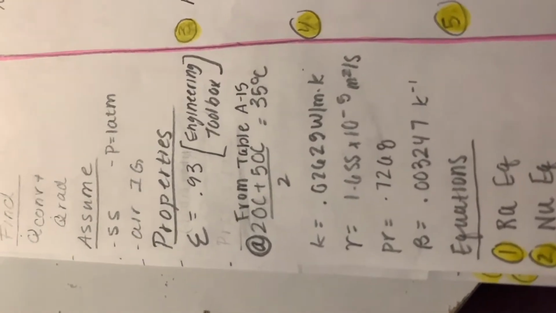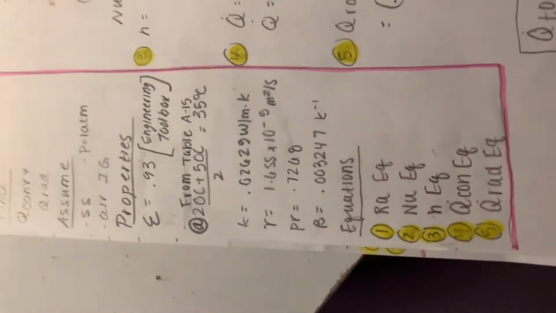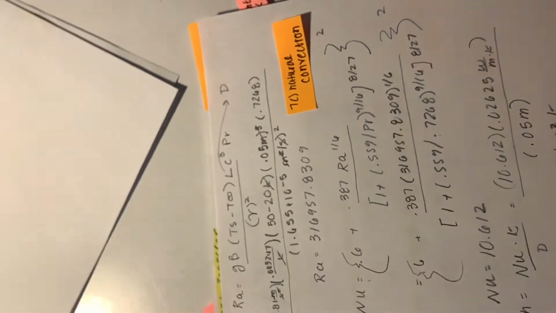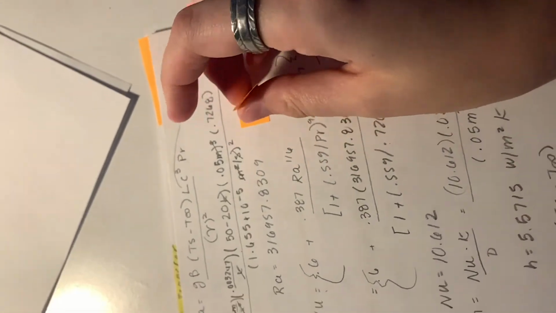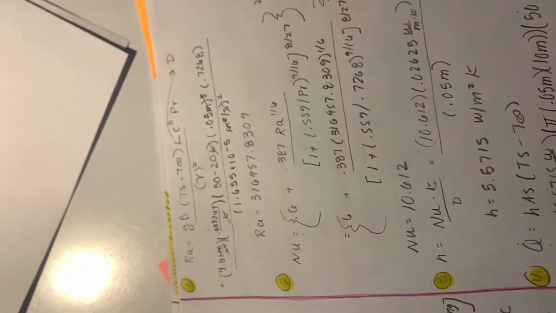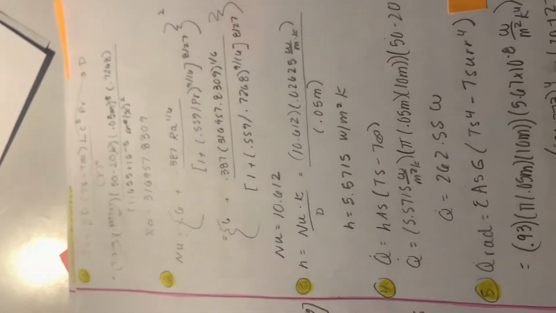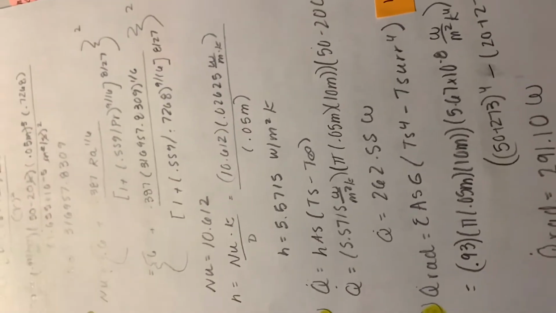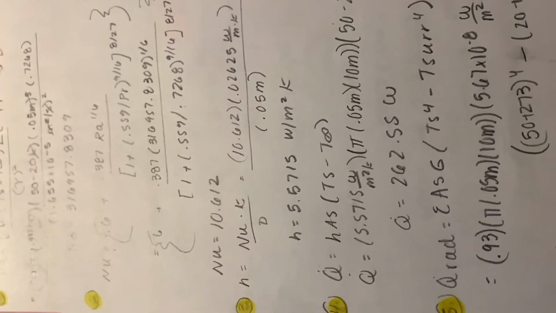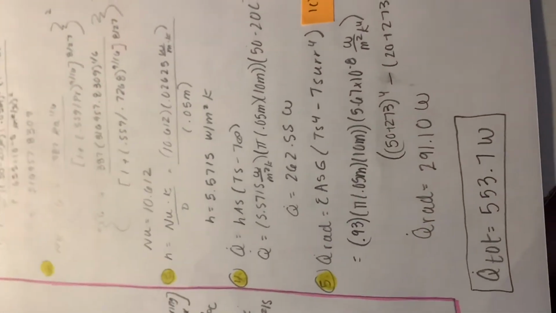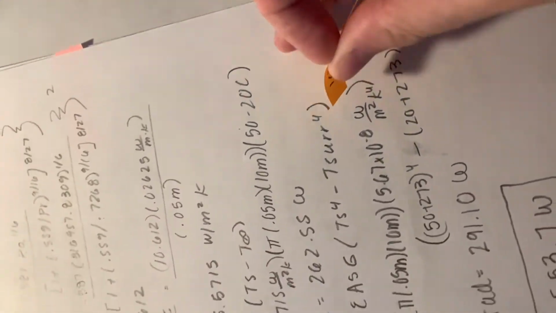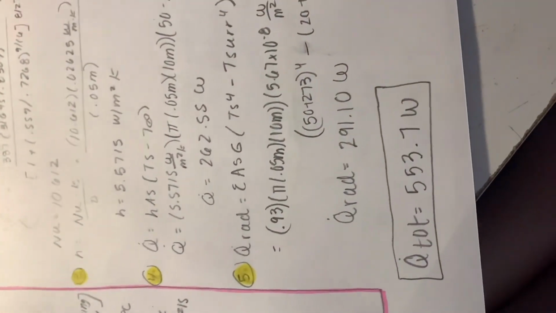You get more properties for this one, and then you start by finding the Rayleigh number, which covers natural convection, 7C, Nusselt number, heat transfer coefficient, and then that's the heat loss due to the natural convection. And then you will do the radiation portion, and that covers 1C radiation. Total those up, and that is what you get for your answer.